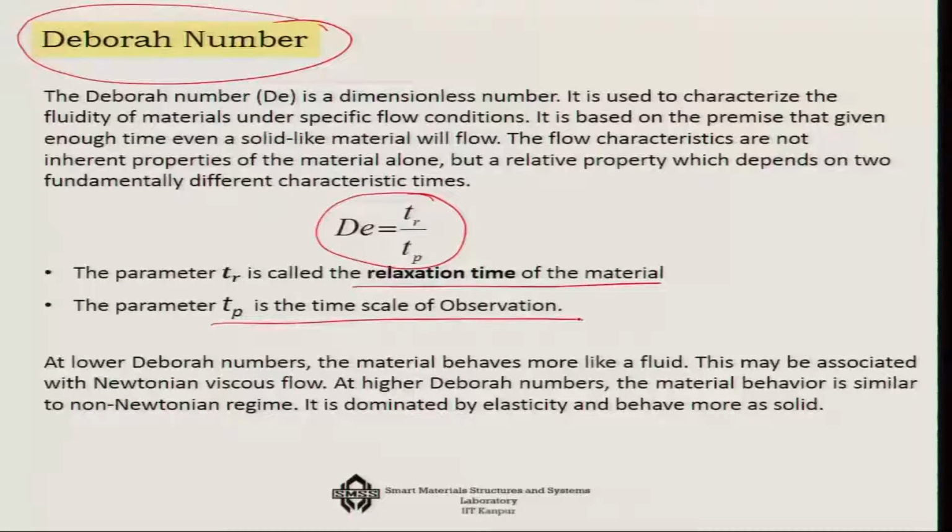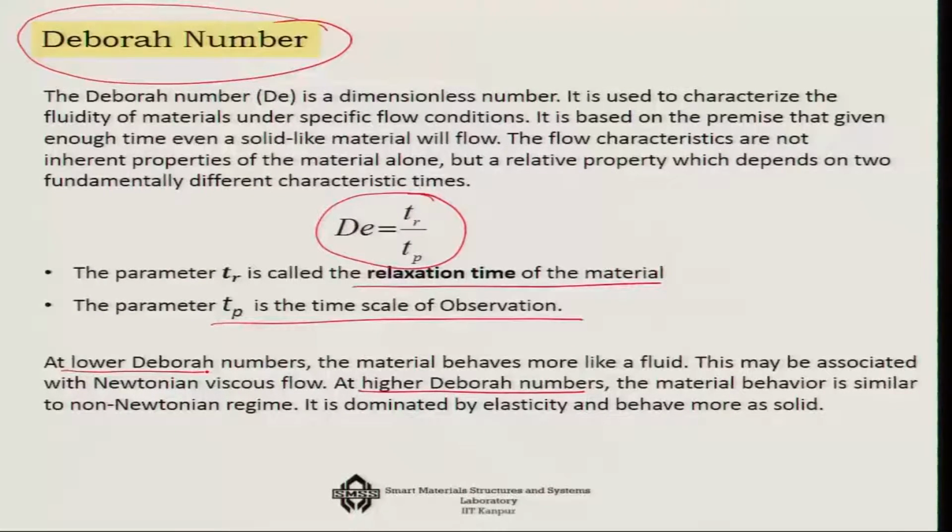That is important, that suppose you find something is very much solid like. So, that means its Deborah number is actually very high, and if you see that it is behaving like a flow, that means the Deborah number is quite low.